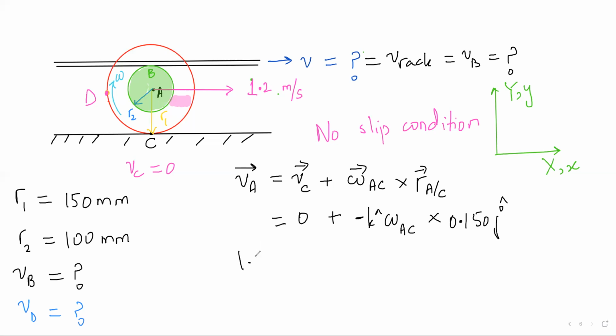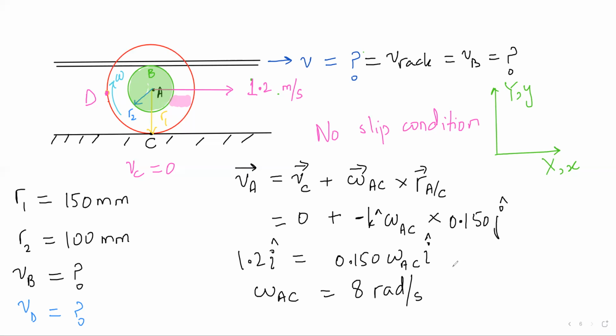So VA is 1.2 I equal to, what is K cross J? Minus I. Okay, and we have 0.150 omega AC, right? Yes. So that's why one of the students directly told us the answer. What is omega AC? 8. Sure? Okay, radian per second. My intuition is correct. Clockwise, life is beautiful.